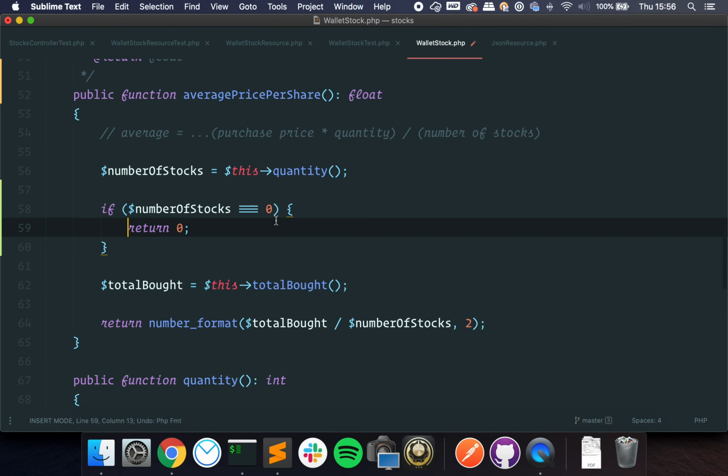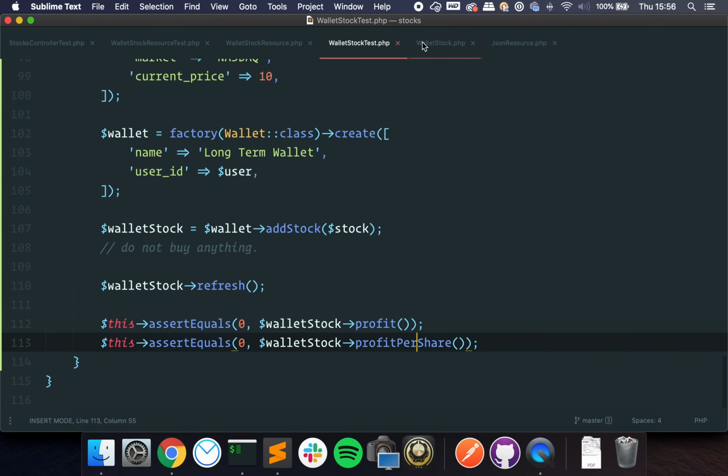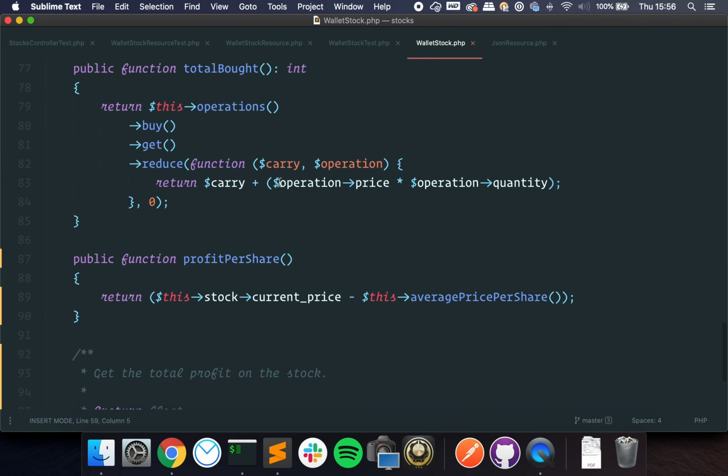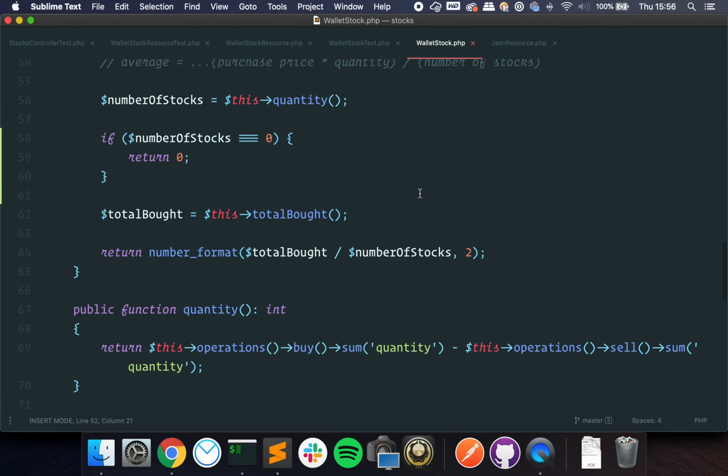No, it does not. Yeah, I think this one looks fine. Let's try it. And it's failing. What is failing? Profit per share. Let's see, profit per share. Average price per share.